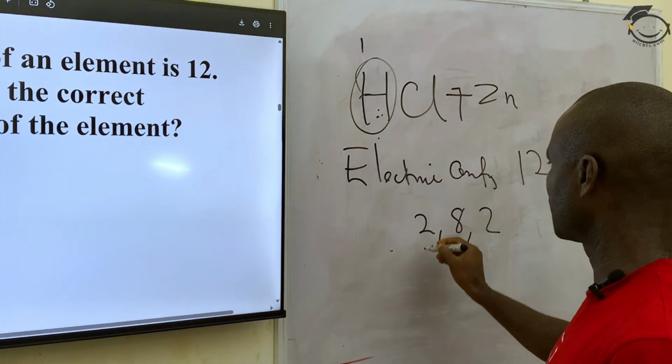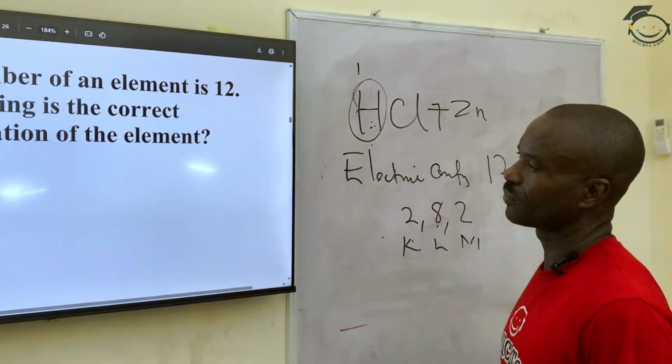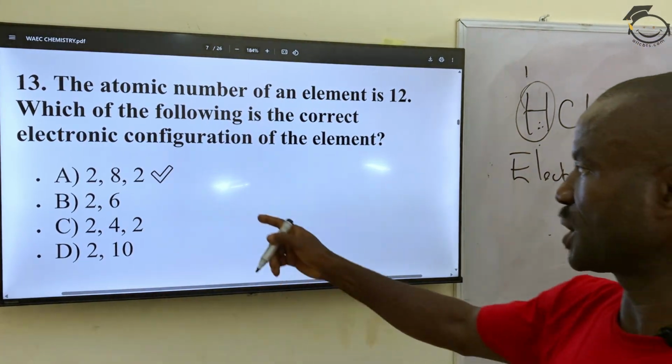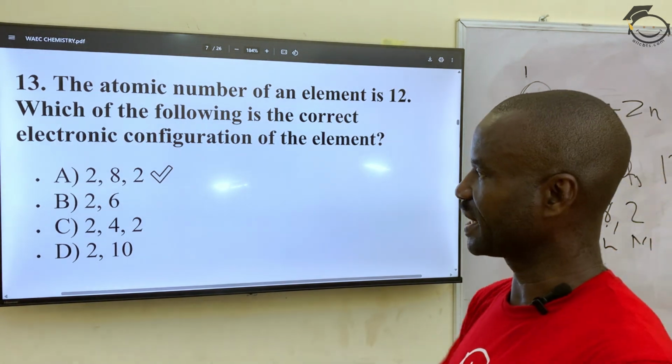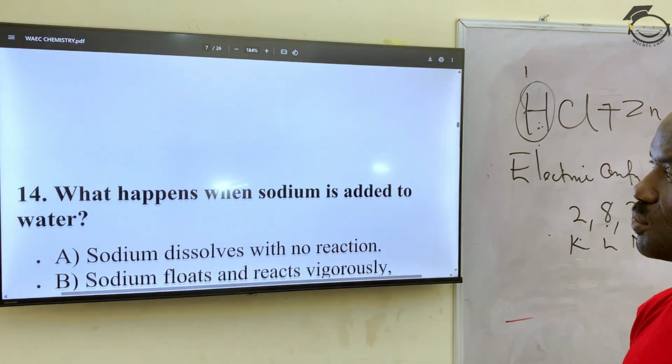That is, the first shell contains 2, the second shell contains 8, that's K, L, M, N. A, 2, 8, 2; 2, 6, 2, 4; 2, 2 and 10. The correct answer is A, 2, 8, 2.